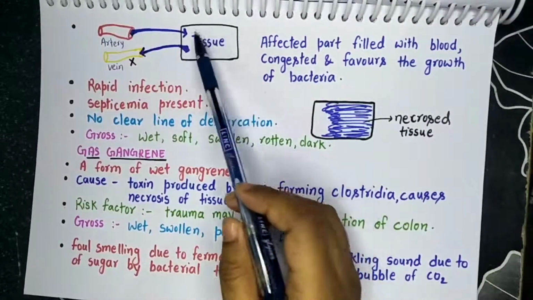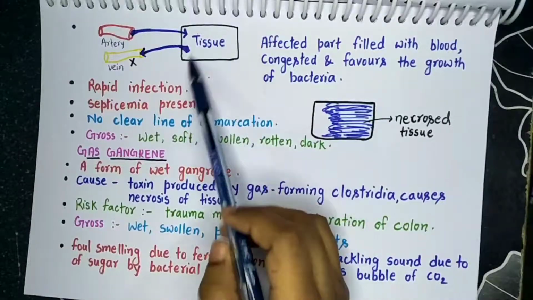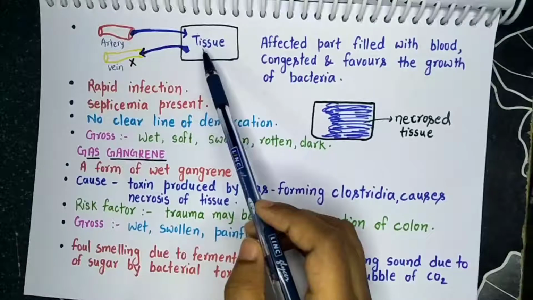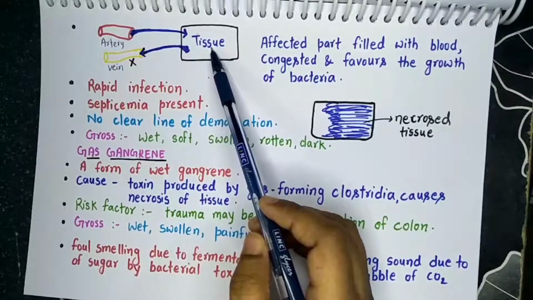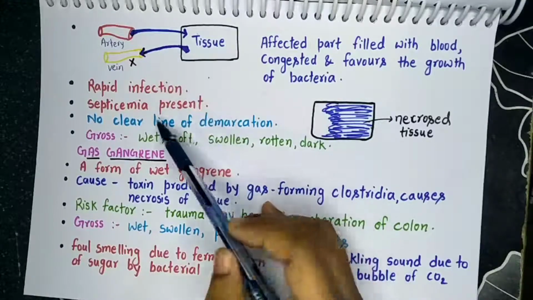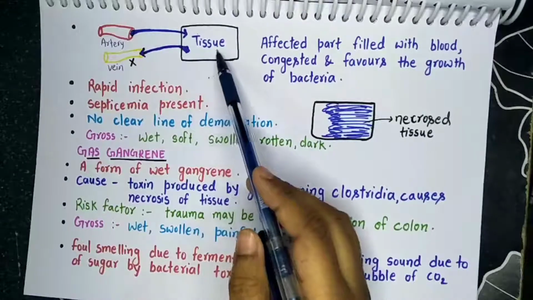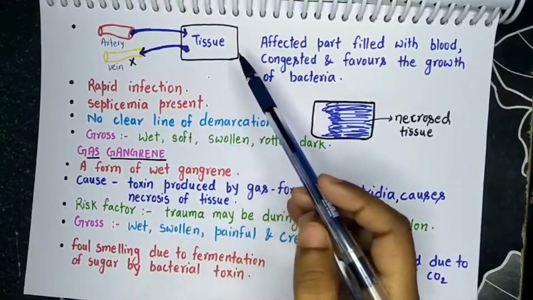And due to congestion of the tissue, or due to filling of blood in the tissue, there will be chances of rapid infection there, and also the chances of septicemia increase, that is bacterial infection in the blood.